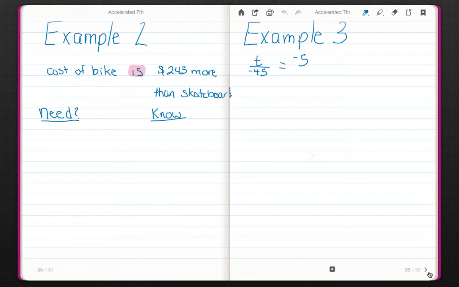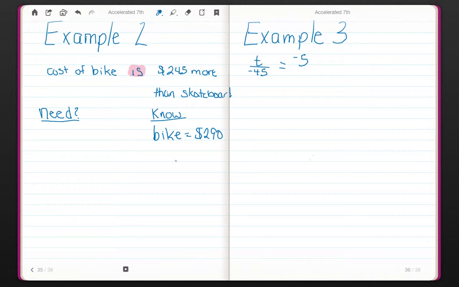So let's think about what we know and what we need to know. So I know that the bike was $290. I know that the skateboard, we're going to use S for short, is $245 more.